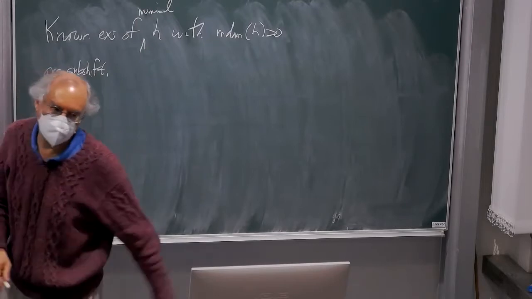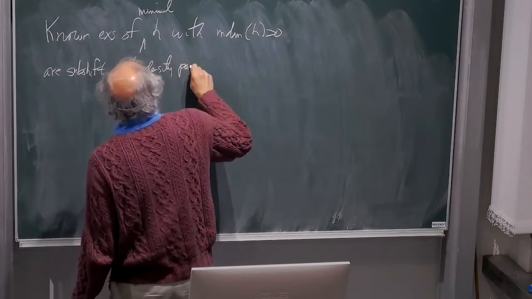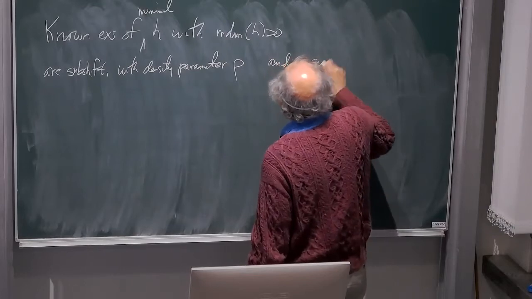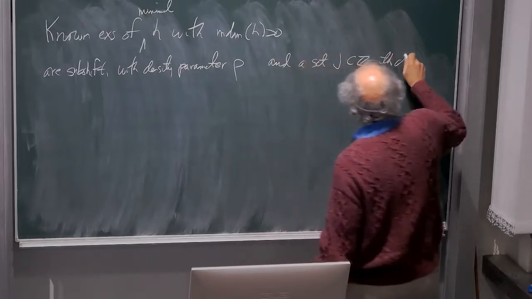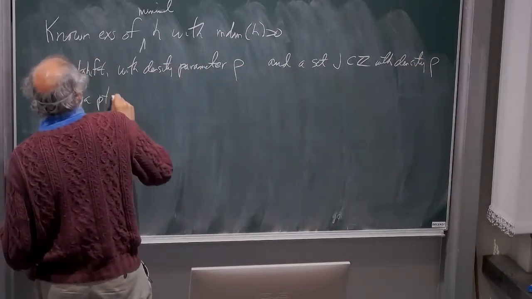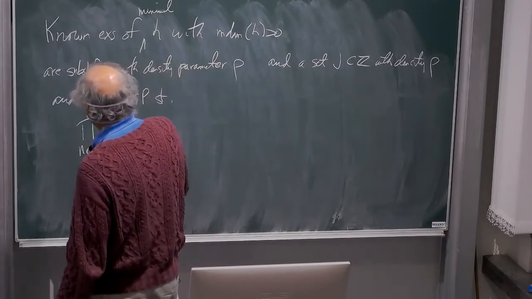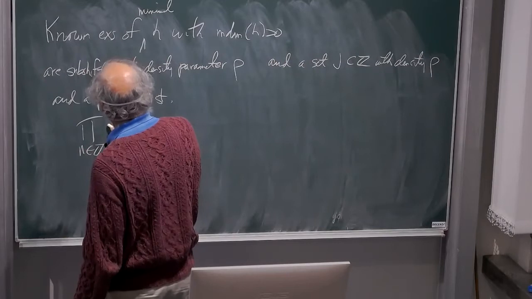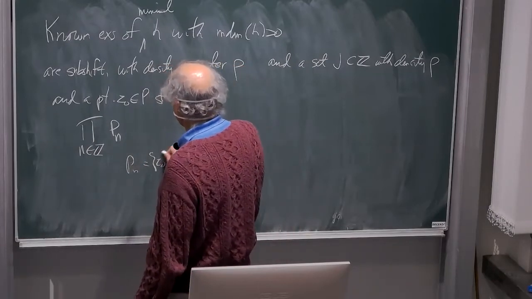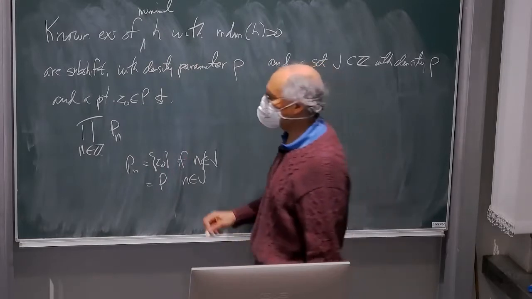So I restrict the shift to some closed invariant subspace with a density parameter rho and a set J contained in Z with density rho, such that, and a point Z0 in P, such that the product over n in Z of Pn, where Pn is Z0 if n is not in J and is equal to P if n is in J, is contained in X.